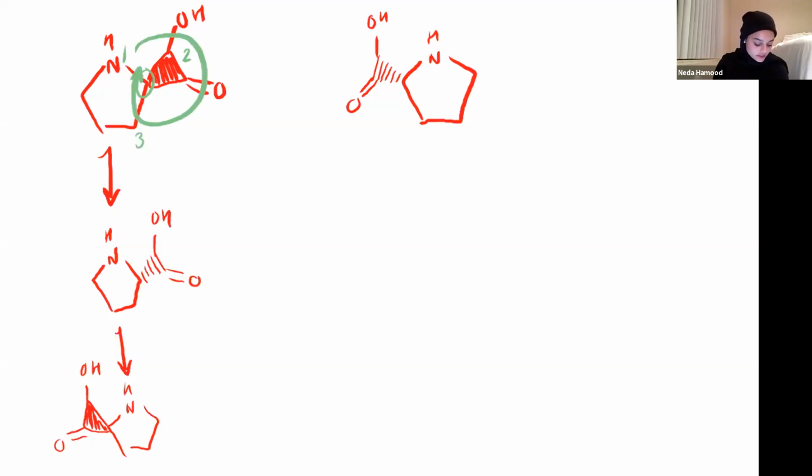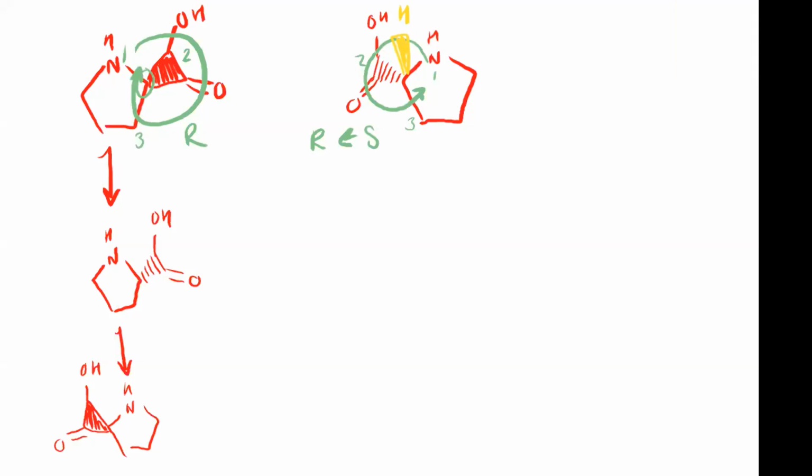So we have over here an R, and then for this one we have 1, 2, 3, like that, and then we have an S. No problem with that because 1 is, I guess, nope, yeah, exactly. Because technically over here we have a hydrogen on a wedge, then we flip the configuration from S to R. If the configuration stays the same and you flip it, then the molecule is the same.